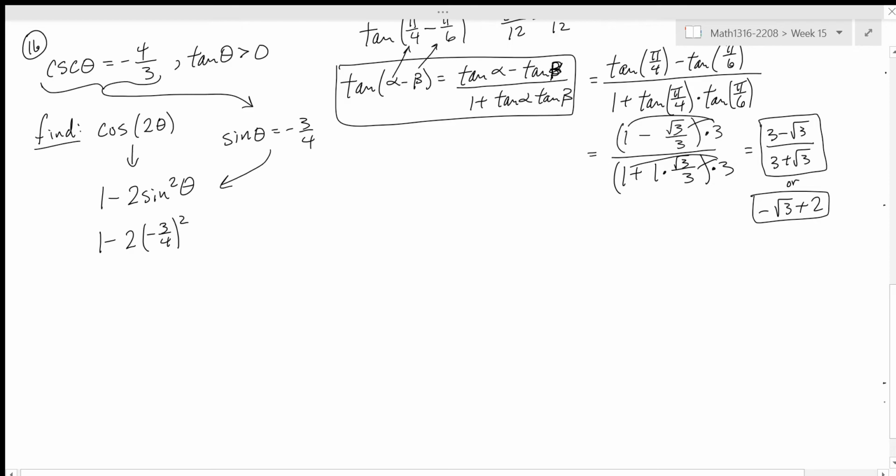And with a little luck and a little button pushing, hopefully you can get that worked out. Okay, so that's going to be 9/16, which is 9/8. 1 minus 9/8. I'm thinking negative 1/8.